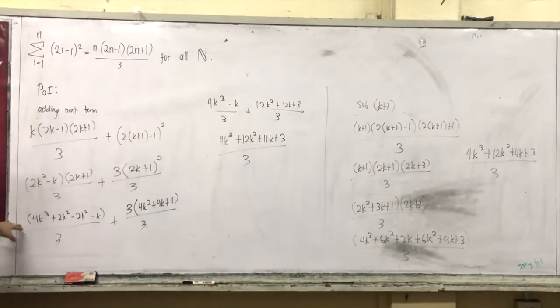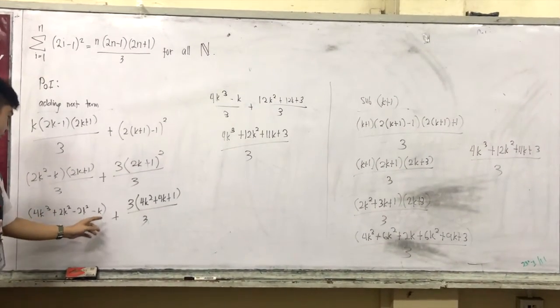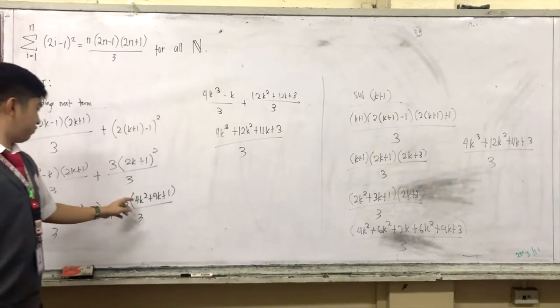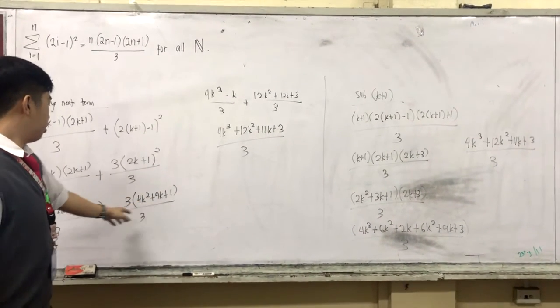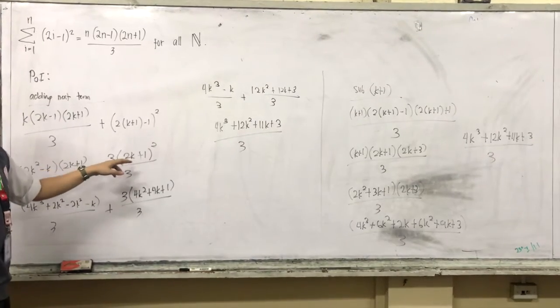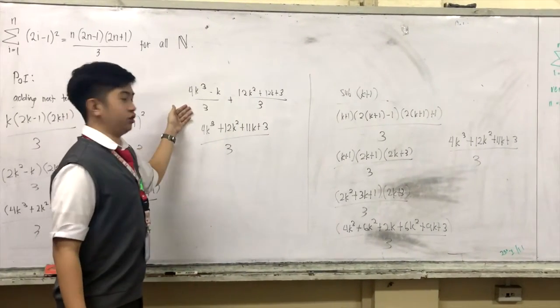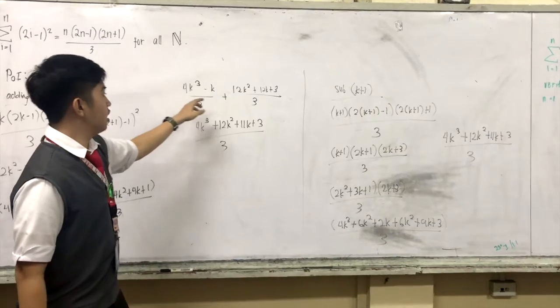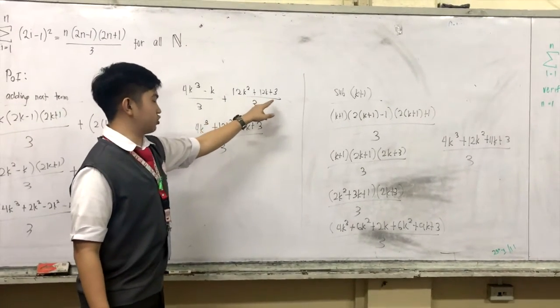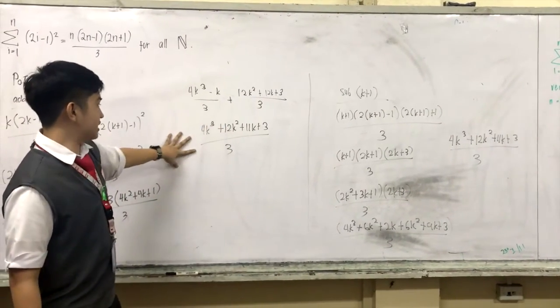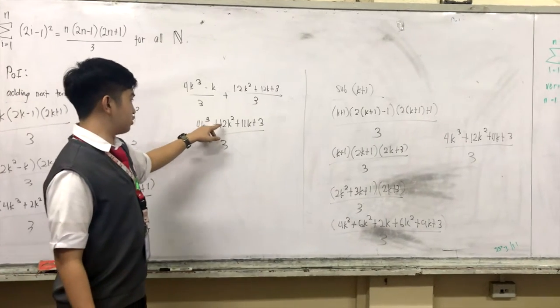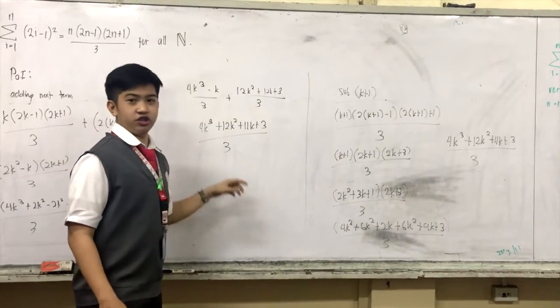We have (4k cubed plus 2k squared minus 2k squared minus k) over 3 plus 3 times (4k squared plus 4k plus 1) over 3, with the square of a binomial. This leads to (4k cubed minus k) over 3 plus (12k squared plus 12k plus 3) over 3. And the last thing: (4k cubed plus 12k squared plus 11k plus 3) over 3.